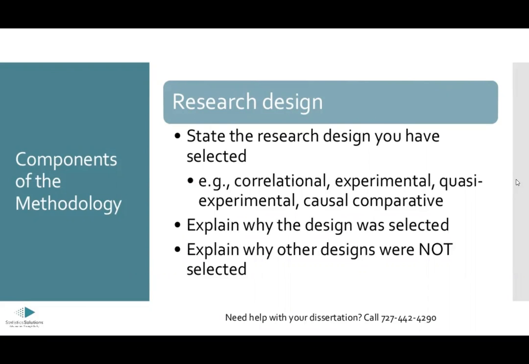So you just want to make sure that you are really showing a clear thread for what it is that you want to do and why the design that you've selected makes sense for that. So I wouldn't recommend picking the design before you review your purpose and research questions. It should go in kind of a forward manner where the design is stemming from what you've already established as your purpose in your research questions.